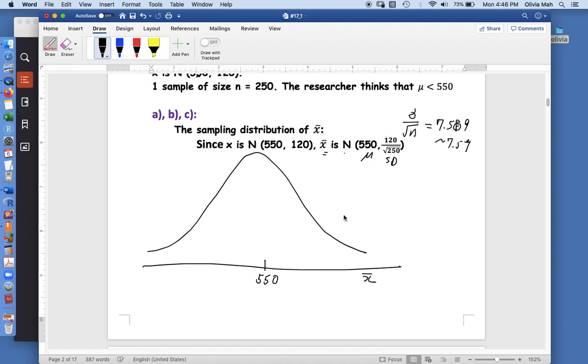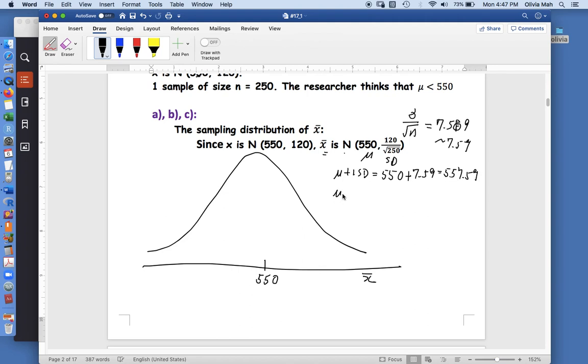Now we have to do markings, plus 1 standard deviation, plus 2 standard deviations, plus 3 standard deviations, and so on. So let's just calculate that. Mu plus 1 standard deviation is 550 plus 7.59, which is 557.59.